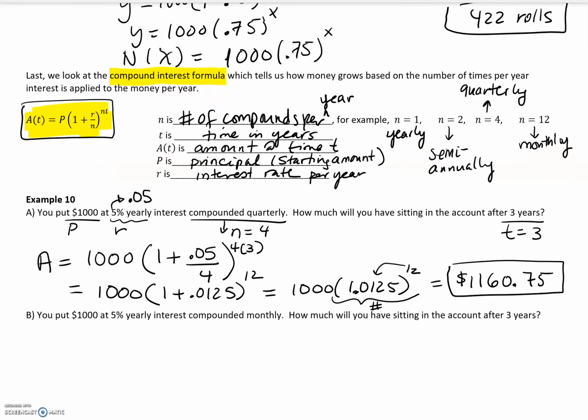Now let's have you guys try part B and then come back and check the answer. So hopefully you had a chance to try that. All the components are the same. I'm starting with 1,000 and I have the 5% interest, but the one thing different here is that it's compounded monthly, which means based on what we talked about earlier, n has to be 12 in this case.